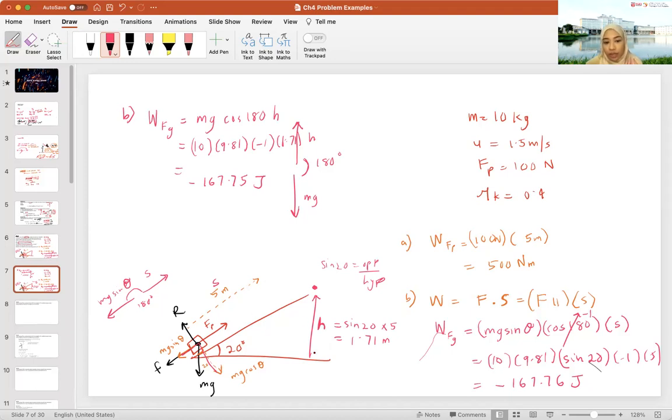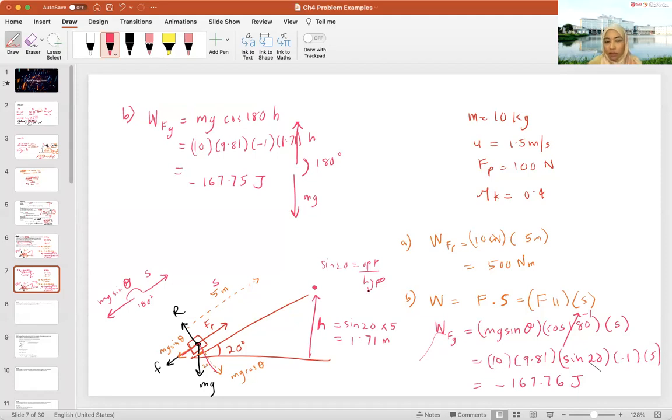In this case, we can define our displacement in the y-axis, or we can define it here. Both are possible. But if it confuses you, just stick with this axis. This is the easiest one. But if the problem gives you height only, for example, it says, hey, what's the work done by gravitational force? And they only give you height. So this is another way to do it.